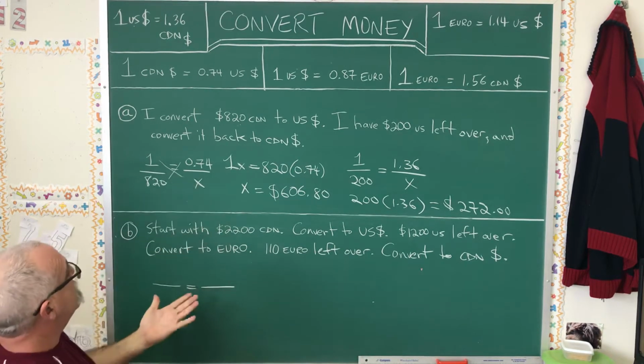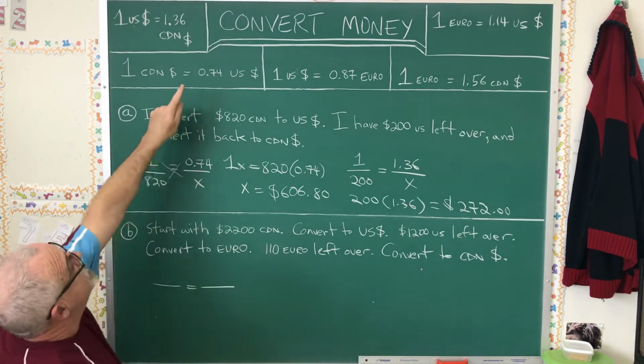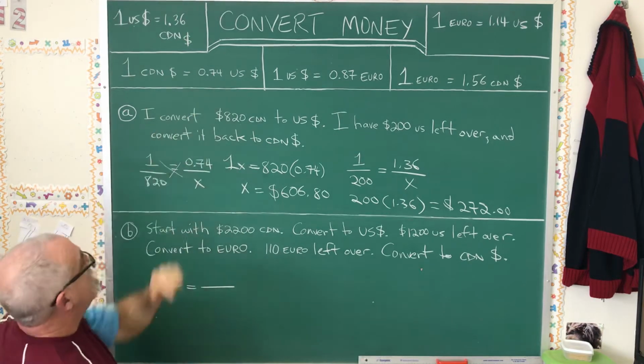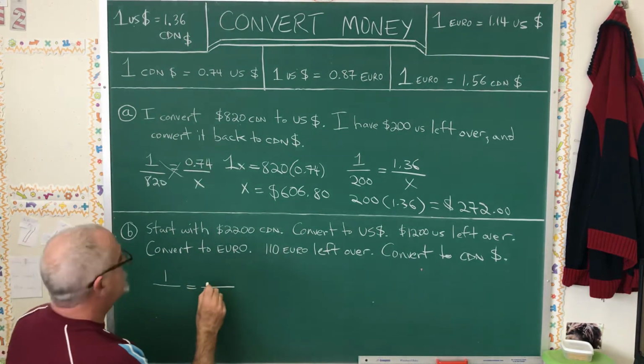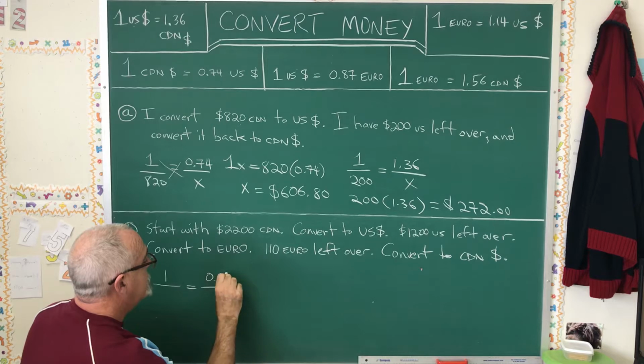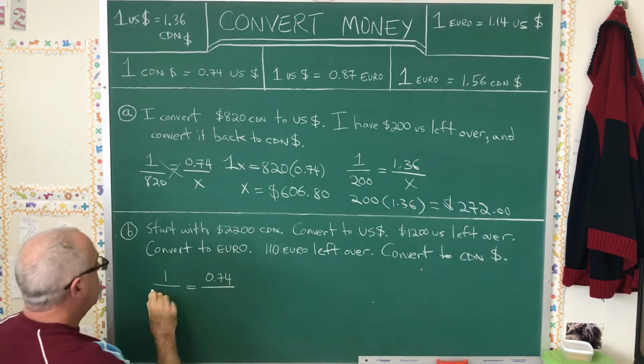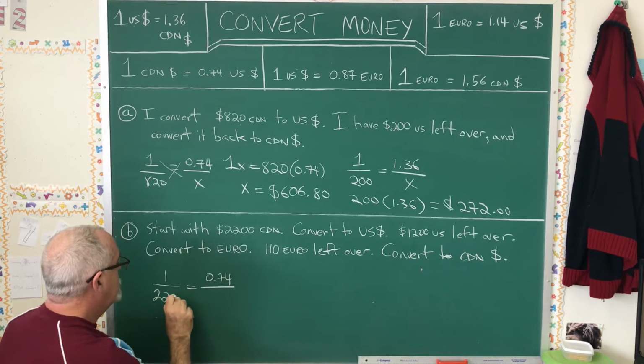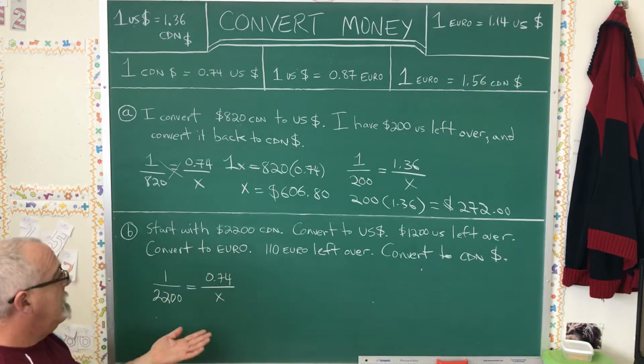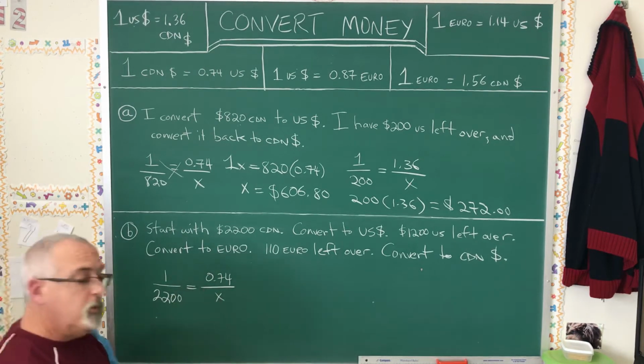But I'm using the same strategy, and in fact I'm using the same exchange rate to start with. 1 Canadian equals 0.74 US. I'm starting with 2,200 Canadian though. So how much will that be? I'm doing 2,200 times 0.74.